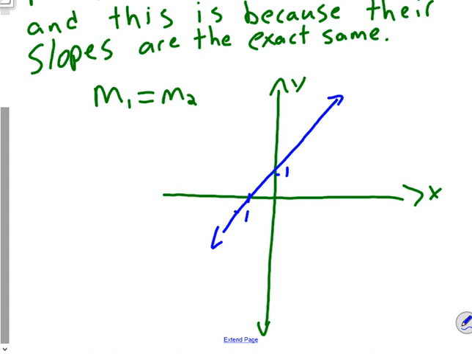So there's one line. So this goes through 1 and 1. This one goes through -1 and 1. These two have identical slopes, okay?